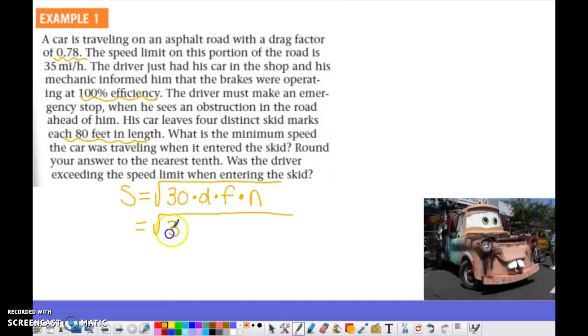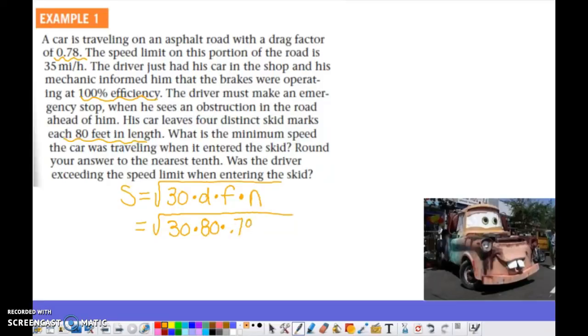So I have the square root of 30. 30 is always constant, it's always going to be 30, times D, which is my skid distance. Looks like each skid is 80 feet, so I don't have to find the average since they're all the same, so I just do times 80, times F, which is my drag factor, and it says my drag factor is 0.78.